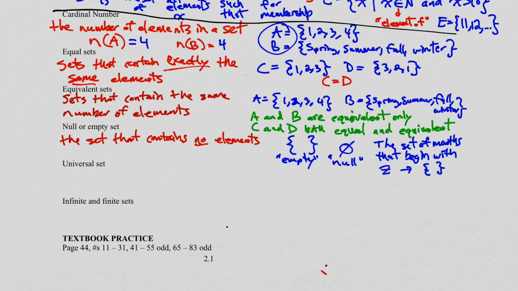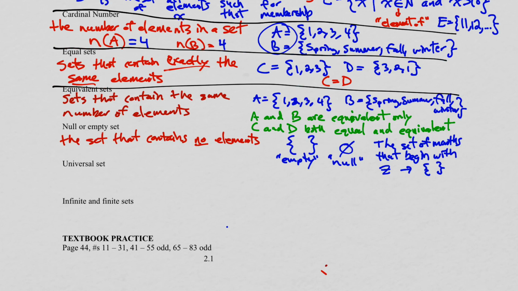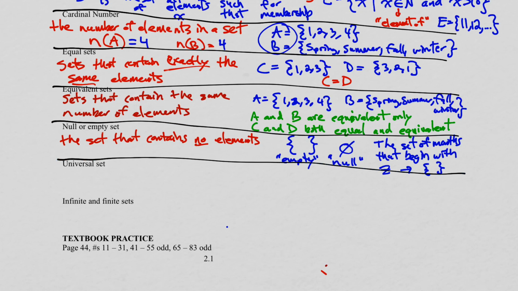All right, down to our last 2 words here for 2.1. So a universal set. Universal set would basically be the set that contains all elements in a problem.